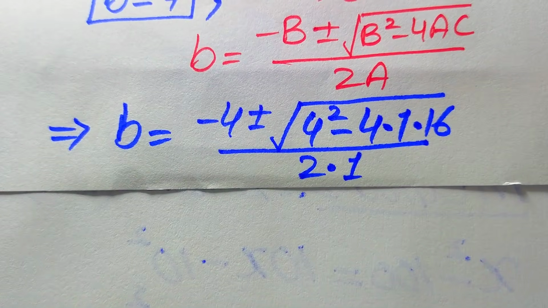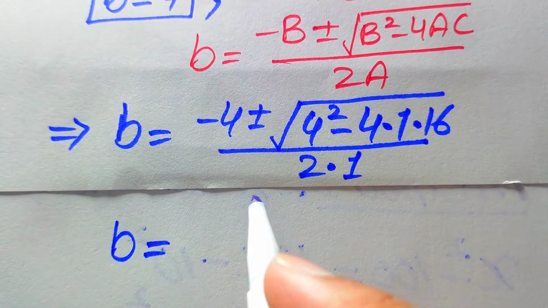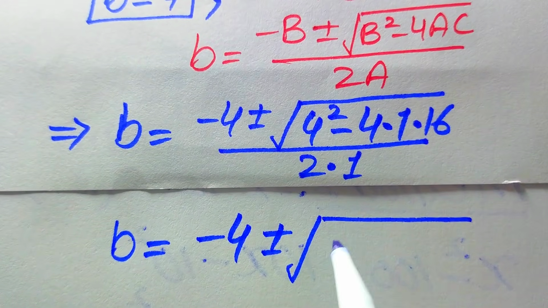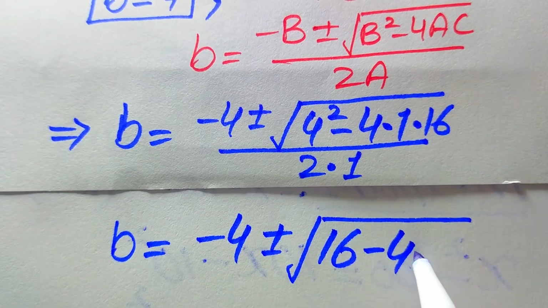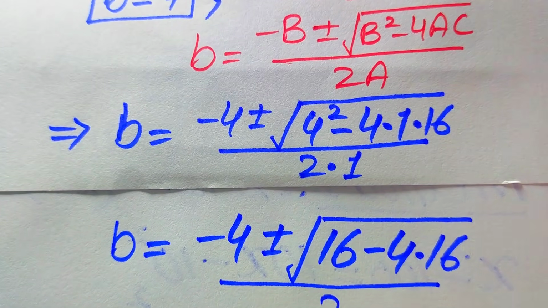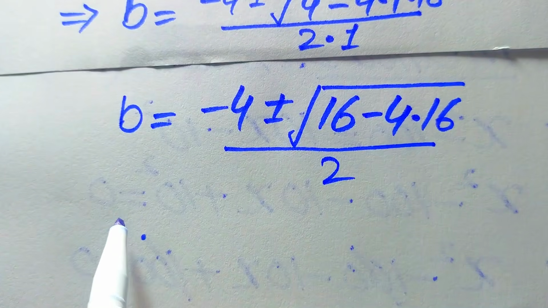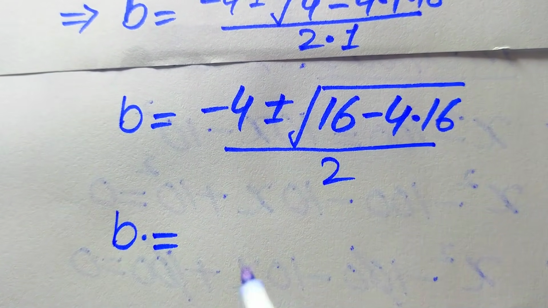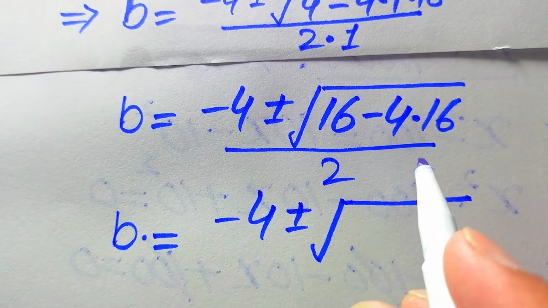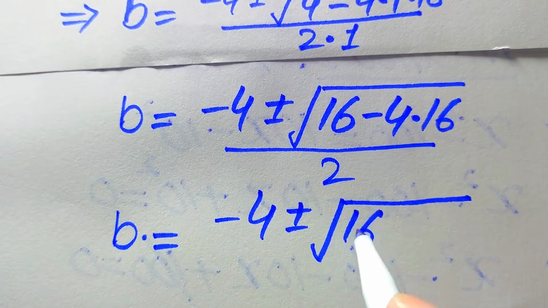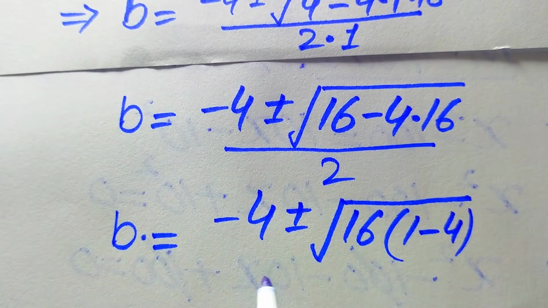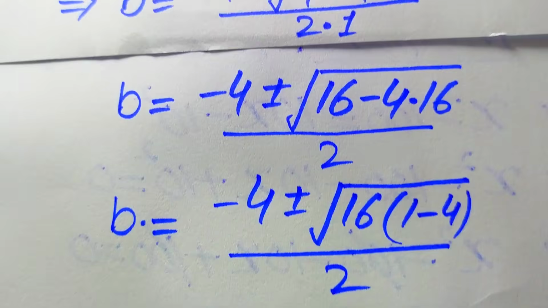And now in the next step we need more simplifications, and we get b equals minus 4 plus minus square root of 4 square, which is 16, minus 4 times 16, divided by 2 times 1, which equals 2. Further, inside the square root sign we take common 16, and we get the remaining values 1 minus 4, divided by 2.